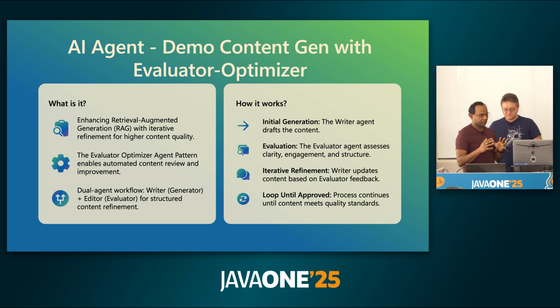So it works in 3 important, simple steps. There's a generation of the AI draft of the blog post, and then there's an evaluator. The evaluator is going to evaluate and give some feedback, and then the refine step where the editor keeps picking it up and refining it, right? Think of it like you're writing a blog and you're the writer, and then the editor is reviewing and giving you feedback, right?